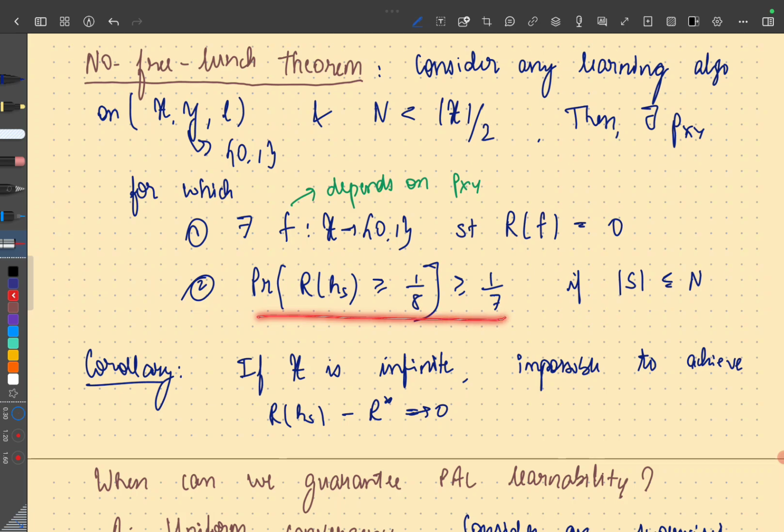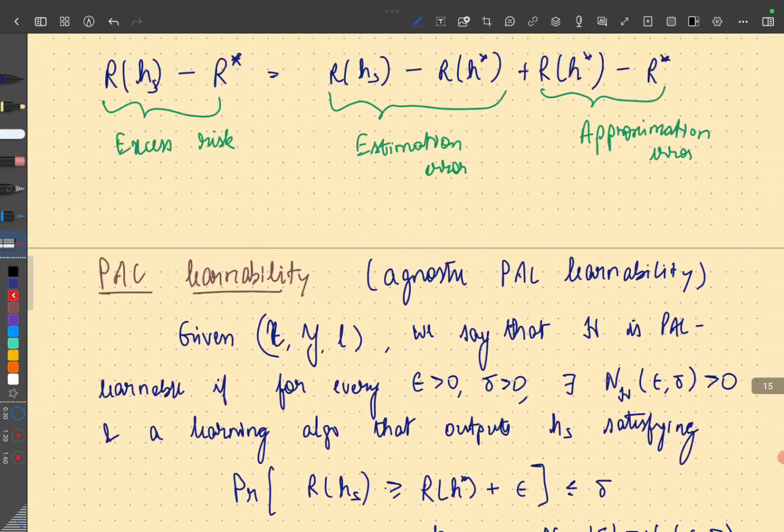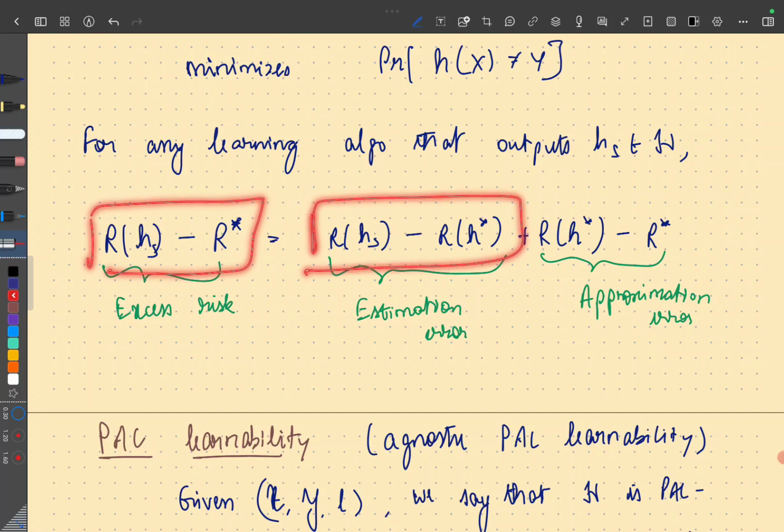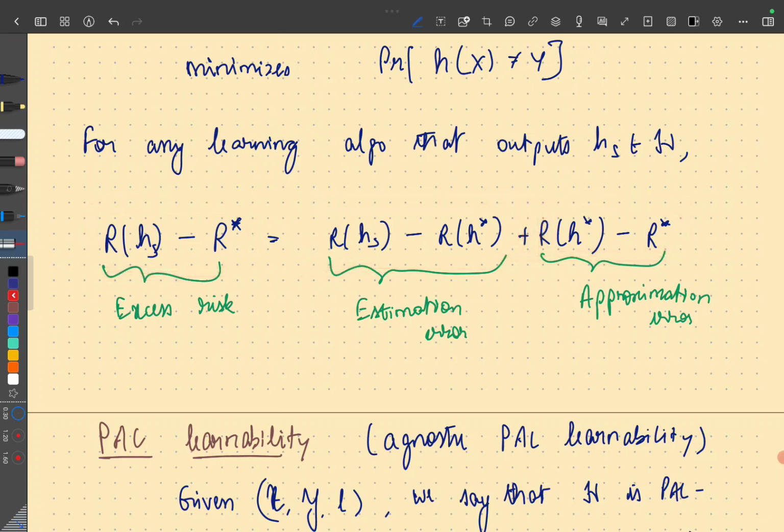So this is a statement about the excess risk, not the estimation error. Right? So this is the excess risk, and this is the estimation error, and this is the approximation error. The no free lunch theorem is saying that you cannot make the excess risk arbitrarily small if x is infinite, for example.